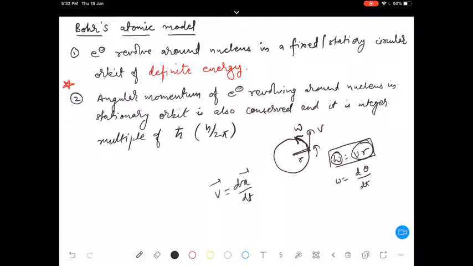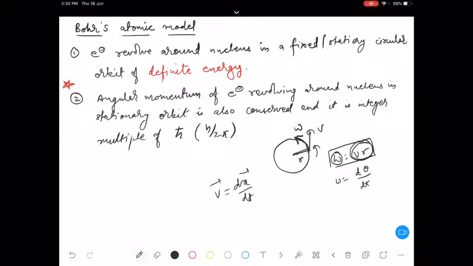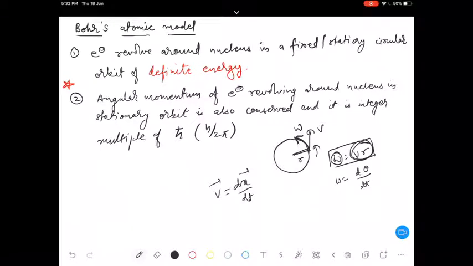This is theta, d theta by dt. If you calculate, that will come out to be v by r only. Okay, so this is the part about angular velocity omega. In detail you will discuss this angular velocity in circular motion. In physics I think your next chapter will be circular motion itself, so you will discuss it in detail at that time.